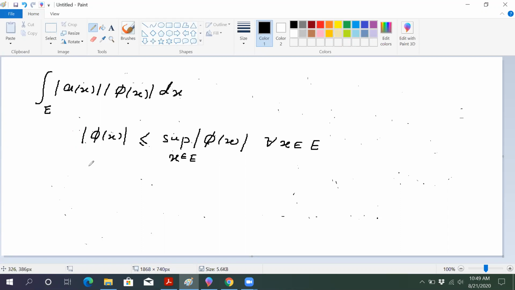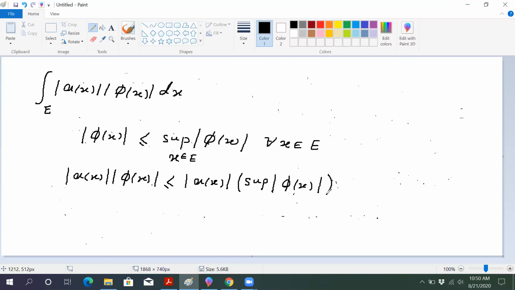So if I multiply both sides by a(x), I have the absolute value of a(x) times the absolute value of phi(x) is less than the absolute value of a(x) times the sup of the absolute value of phi(x). Correct or not? I multiply both sides of this with the absolute value of a(x). Now look at here. This is true, right? For every x on E.